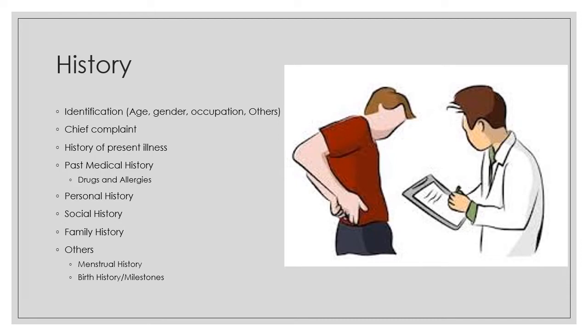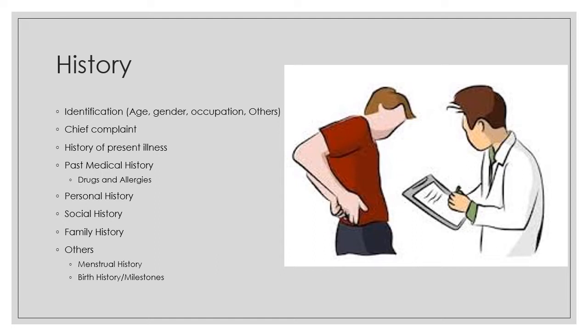Then you continue with the history of present illness. You have then your past medical history. It's important to note the drugs the patient is taking as well as allergies to food and drugs. Personal history may give you a clue on what to further ask and what diagnostic and therapeutic options you may have for the patient, as well as social history and family history.